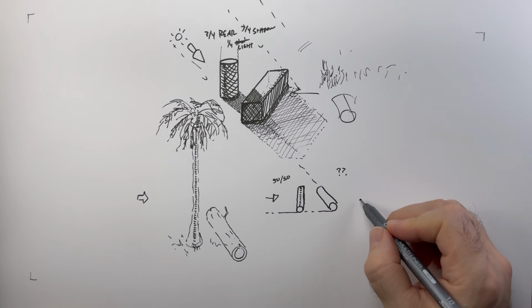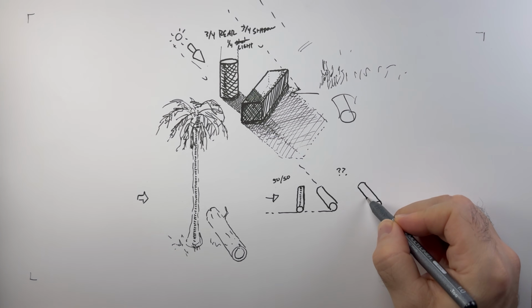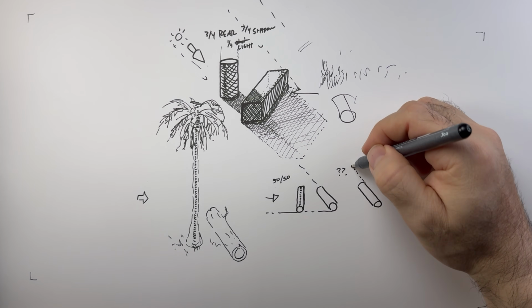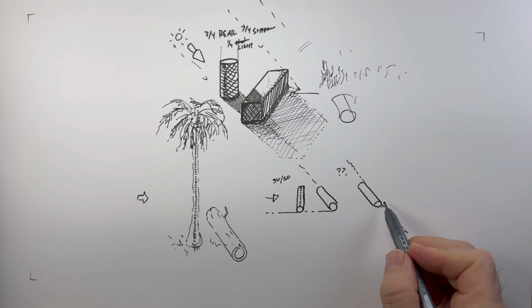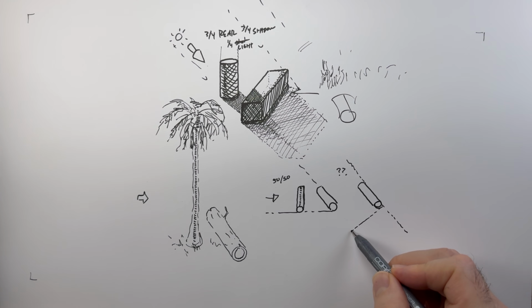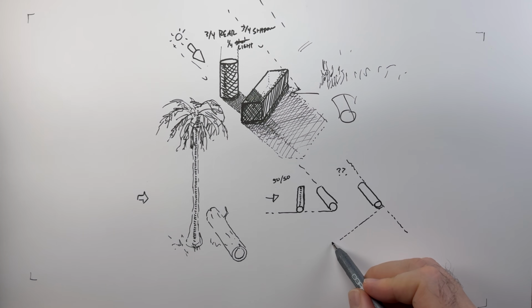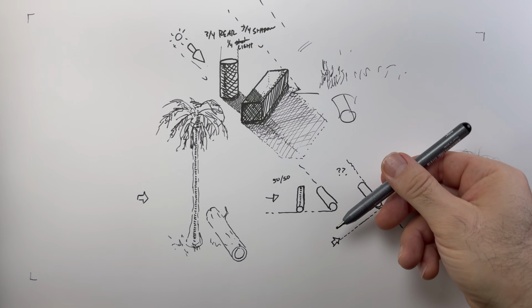Okay, so we have this here. If you were to go like this and make a straight line, and then a perpendicular line that way, this would technically be your new side light, right?